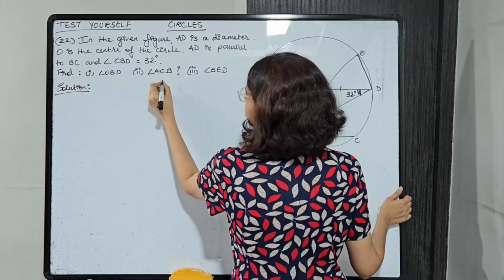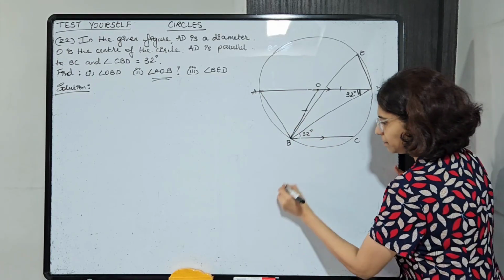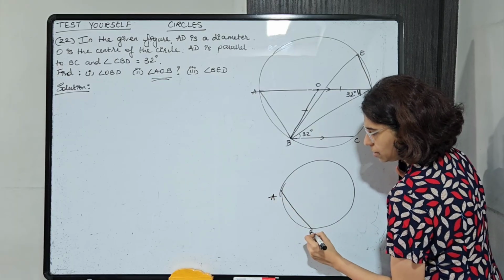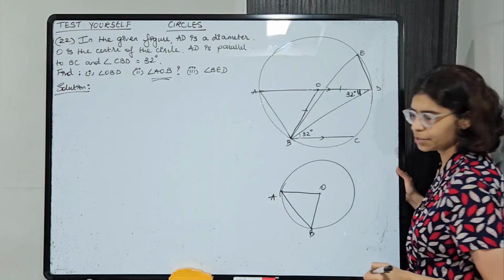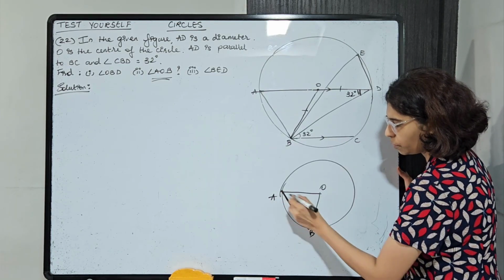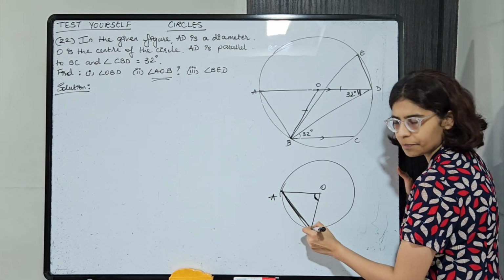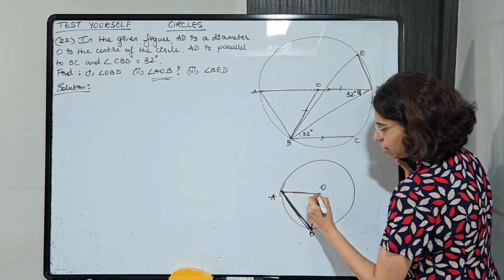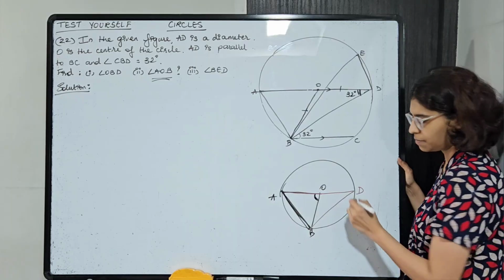Now we'll find out the value of angle AOB. This is the chord AB, which is forming angle AOB at the center. This same chord AB is forming ADB on the circumference.